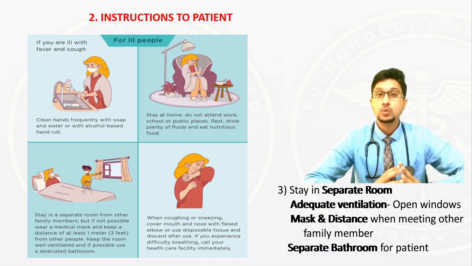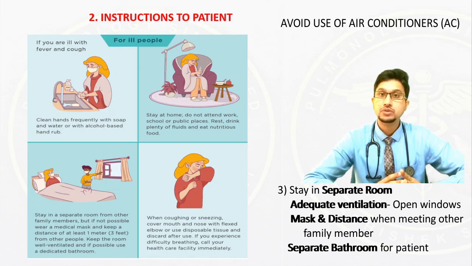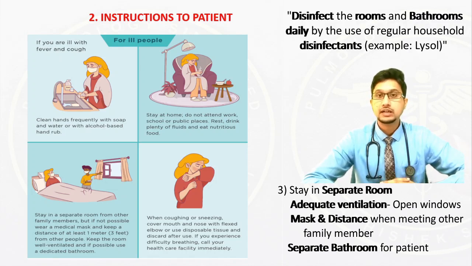Keep the rooms well ventilated by opening the windows. Ensure that there is cross ventilation, and make sure that you don't use ACs because ACs can recirculate the same air inside the house. And it is preferable that the patient uses a separate bathroom, and preferably the family members should not use the bathroom that the patient is using.